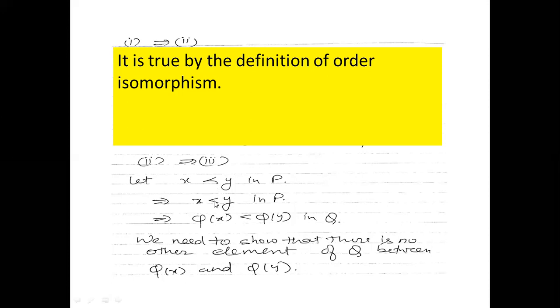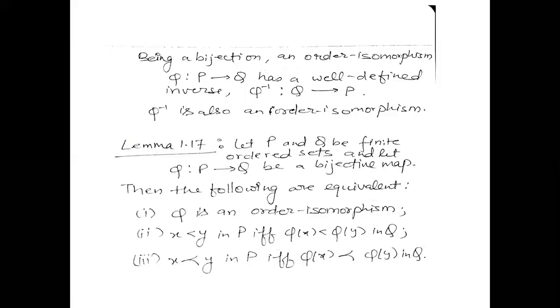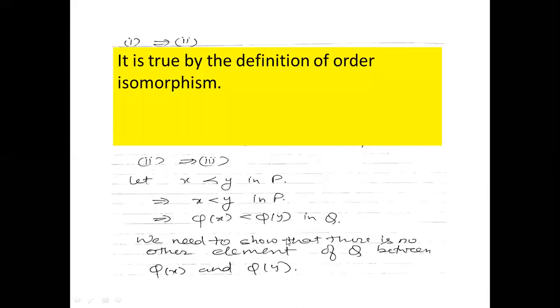So this implies that x is less than y in P. This implies that phi x is less than phi y in Q, basically from the second statement: x less than y in P if and only if phi x is less than phi y in Q. We have used the second statement here.